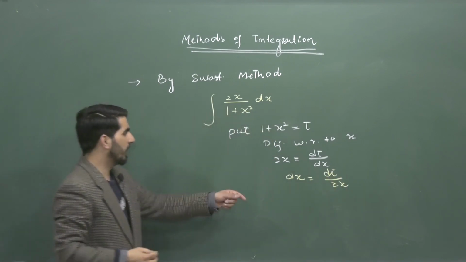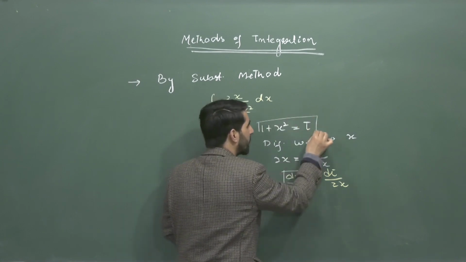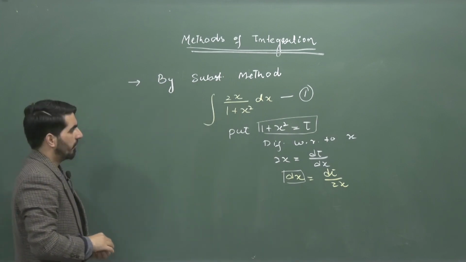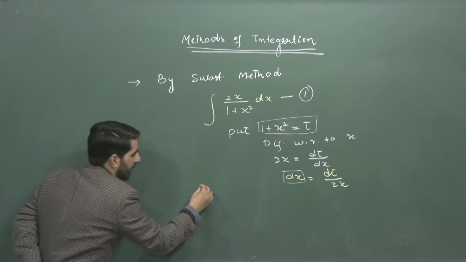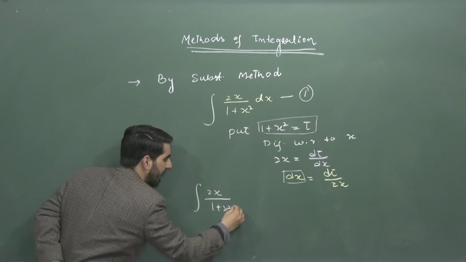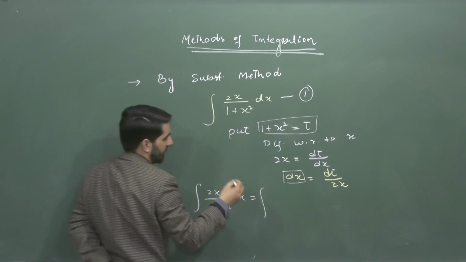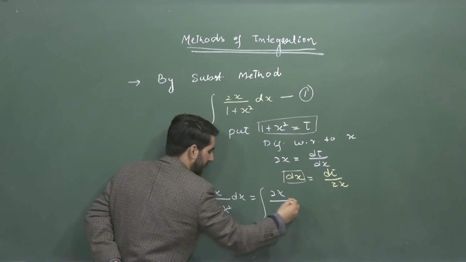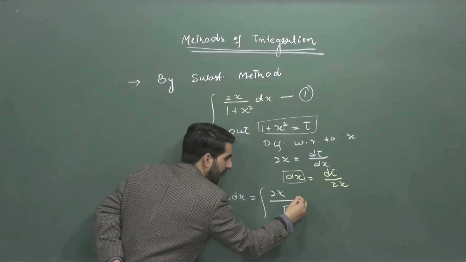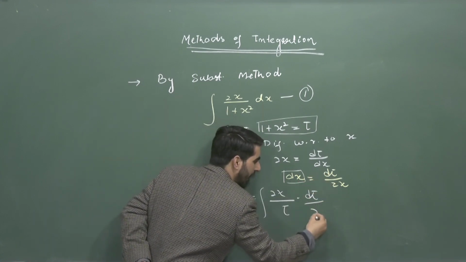Now putting the value of dx and 1 plus x square in the main function, what will we get? Integration of 2x divided by 1 plus x square dx is equal to integration of 2x divided by t, with dx written as dt divided by 2x.